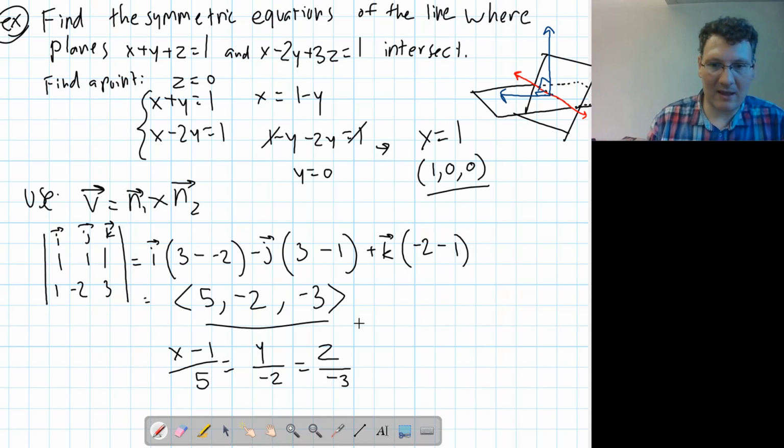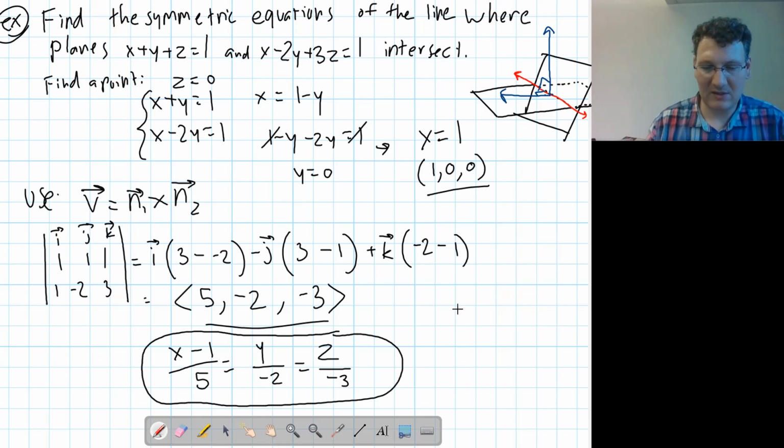Because the y and the z coordinates of the point are 0, we don't write anything in those numerators. So there you go. Those are the symmetric equations of that line. Really, it just comes from knowing what the point is and what the parallel vector is.